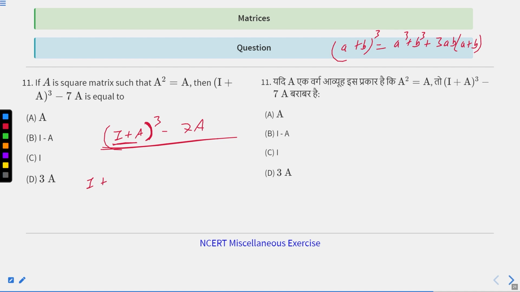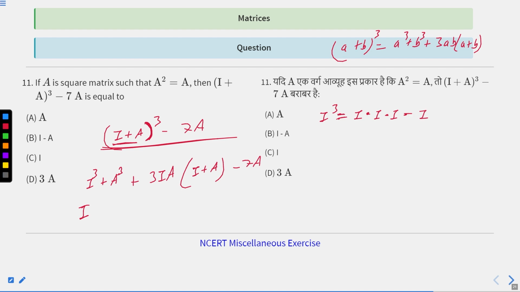So this is A cube, and then 3A times (I plus A), minus 7A. Now, as you all know, I cube is I. I multiply I multiply I, and identity matrix multiplying whatever matrix gives you the same matrix.